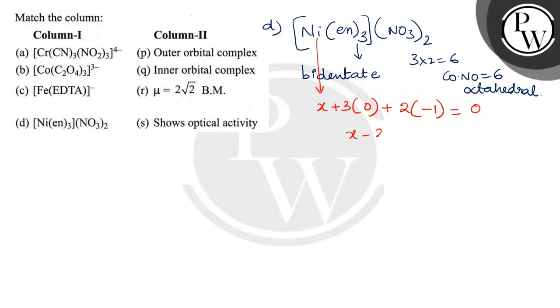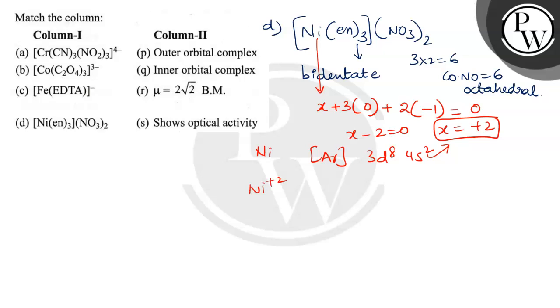X minus 2 is equal to 0, X is equal to plus 2. So nickel is in the plus 2 oxidation state in this complex. Nickel's atomic number is 28, so its configuration is argon 4s2 3d8. So 2 electrons are lost from the outermost shell. So now it is Ni2+, showing argon 3d8 configuration only, and 4s0, 4p0.